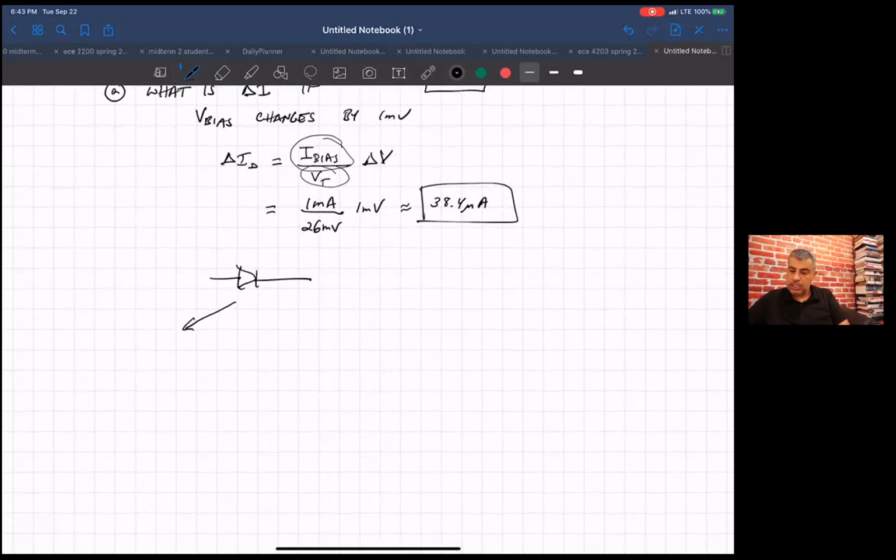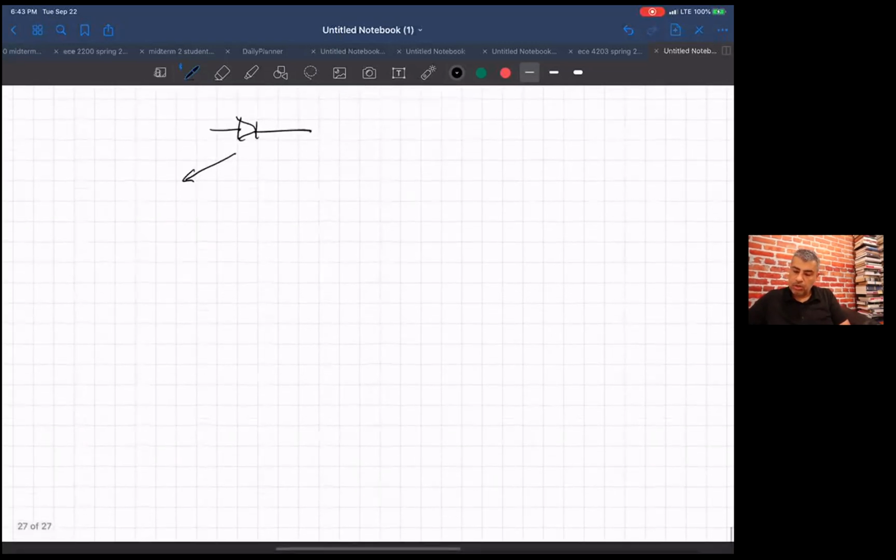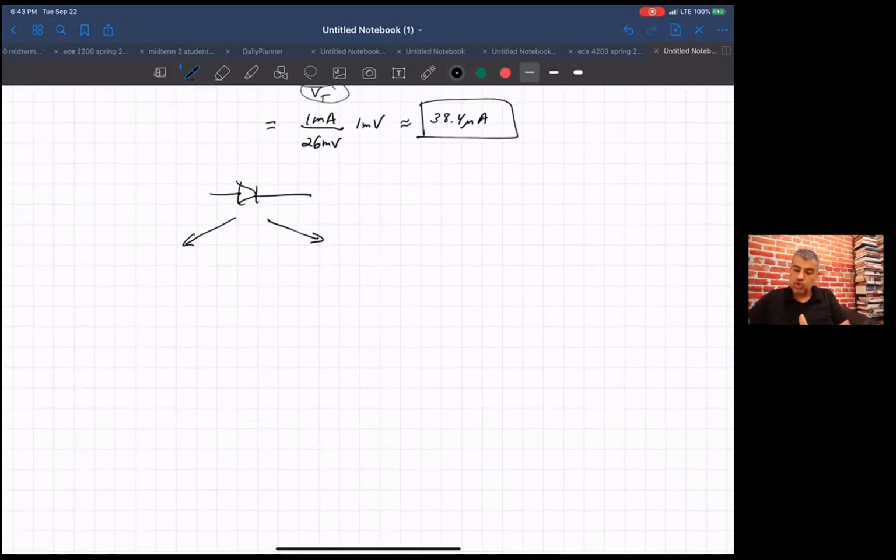And we are basically doing two things. We're saying it's a superposition of two things. A large signal, like a VD on, and we call this the bias. So this is in the voltage domain, okay?